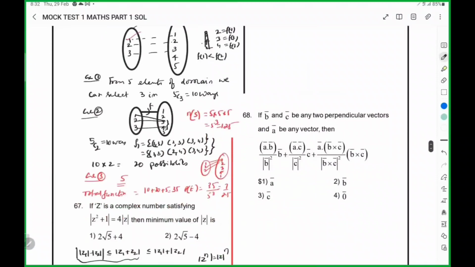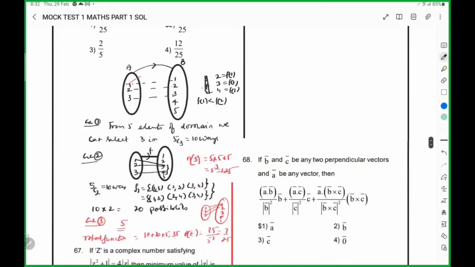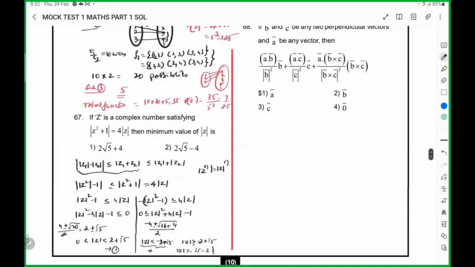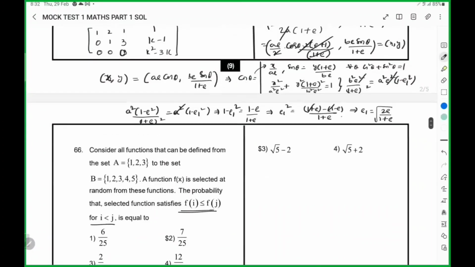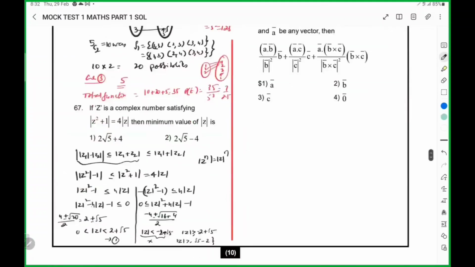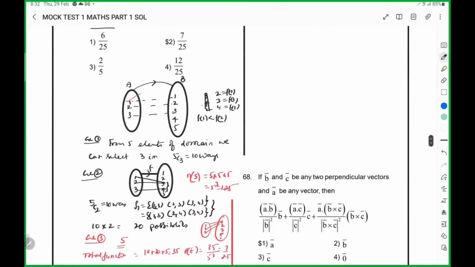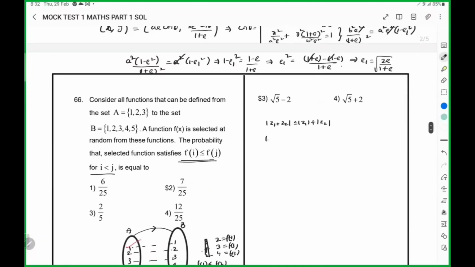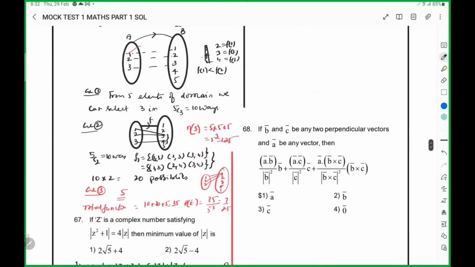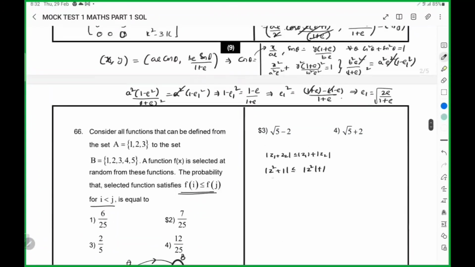So now the other possibility, mod of z1 plus z2 is mod z1 plus mod z2. From this, mod of z square plus 1 is equal to mod z square plus 1. So z square plus 1 here is 4 mod z.